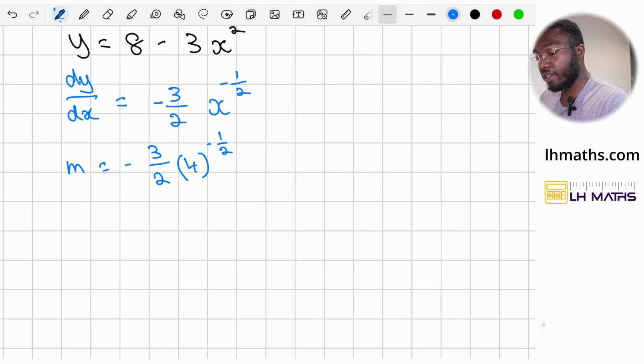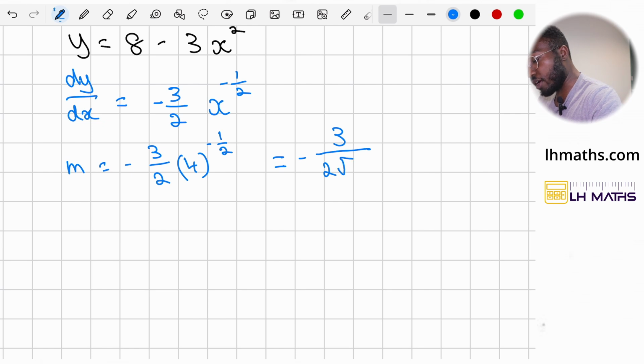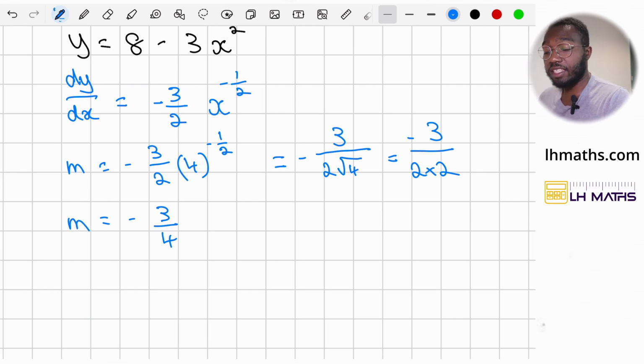Let me rewrite this to make it easier to understand: that is minus 3 over 2 times the square root of 4. If we work that out, we get minus 3 over 2 times 2, which is minus 3 over 4. That means our m value is minus 3 over 4.